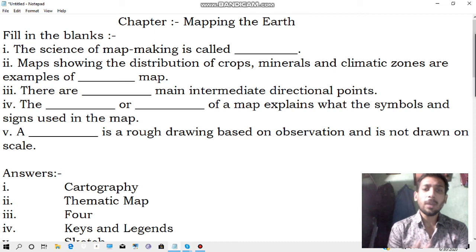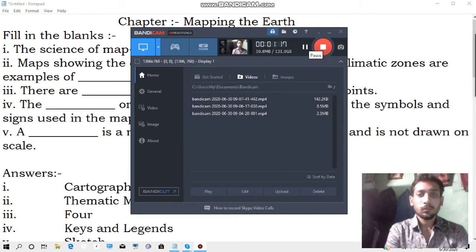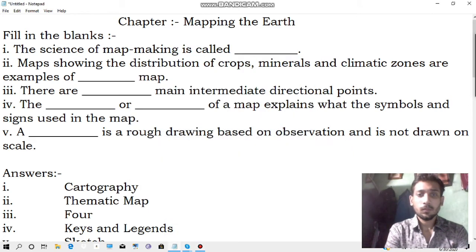We have the four main intermediate directional points as we have learned before: northeast, southeast, southwest, northwest. So these are the answers of the fill in the blanks over here.